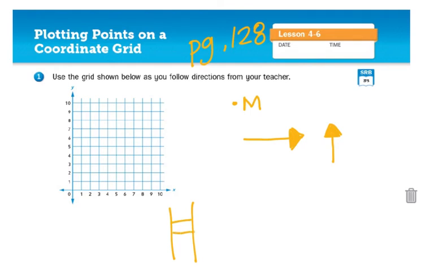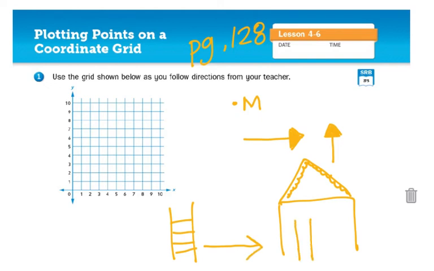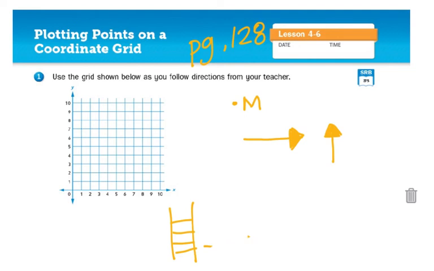If you were going to put a ladder up on a house to put some lights on the top of the roof, you would have to move the ladder over first before you climbed up the ladder. So keep that in mind, that you always go over first and then up.